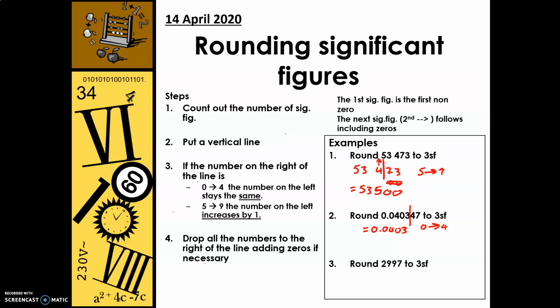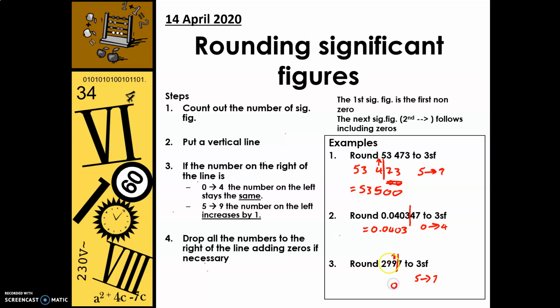So for the third example here, we've got 2,997, to 3 significant figures. 2 is the first significant figure, 9 is the second, and the second 9 is the third. It's 5 to 9 on the right-hand side, so we have to increase this one by 1.